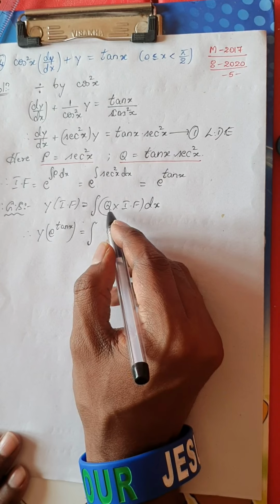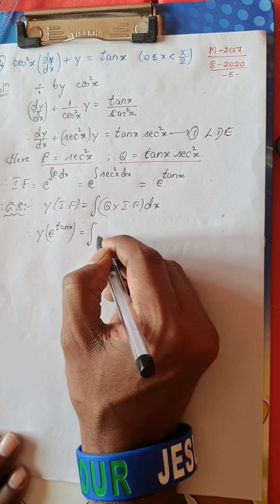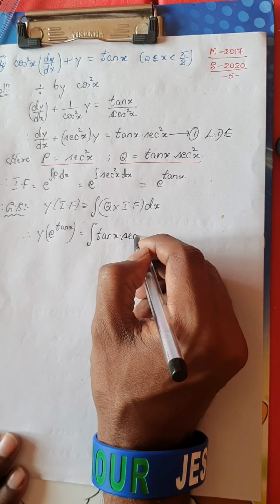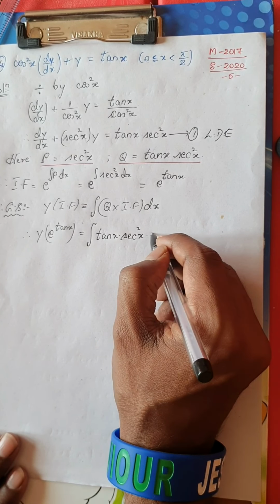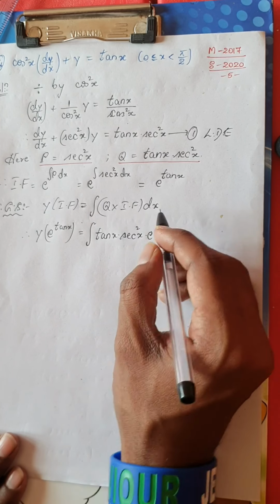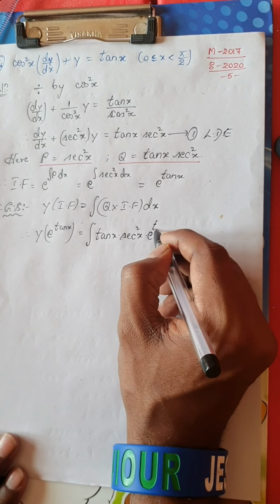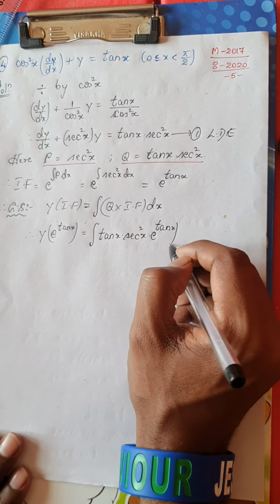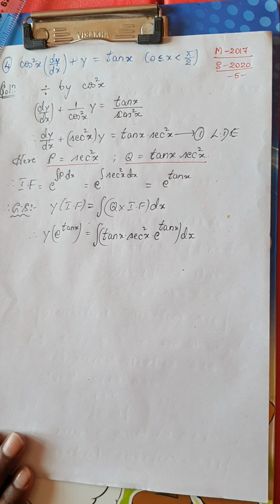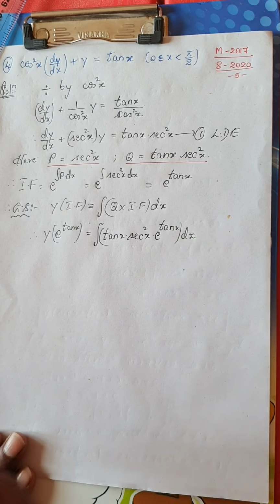Q would be tan x into secant square x, into the integrating factor. As I told you, either you can write integrating factor into Q or Q into integrating factor, that is e power tan x dx. Now you have to solve this integral.